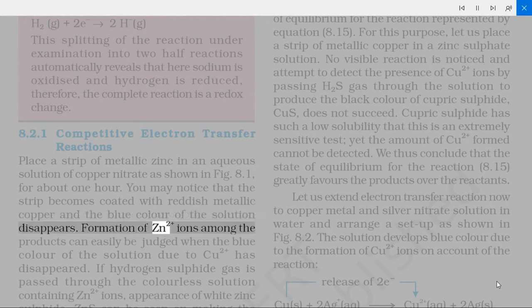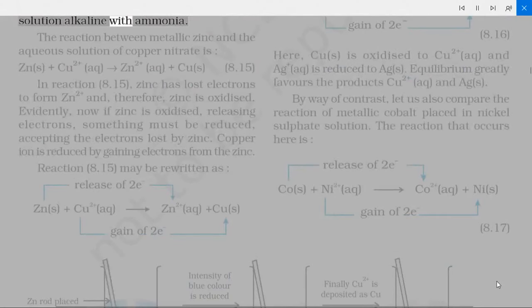Formation of Zn2+ ions among the products can easily be judged when the blue color of the solution due to Cu2+ has disappeared. If hydrogen sulfide gas is passed through the colorless solution containing Zn2+ ions, appearance of white zinc sulfide, ZnS, can be seen on making the solution alkaline with ammonia.